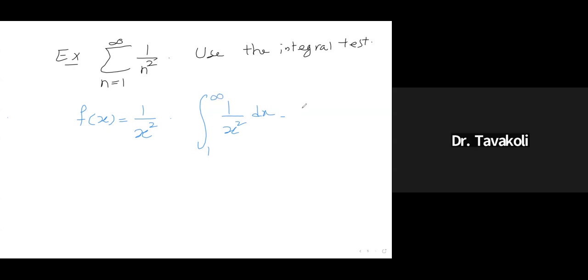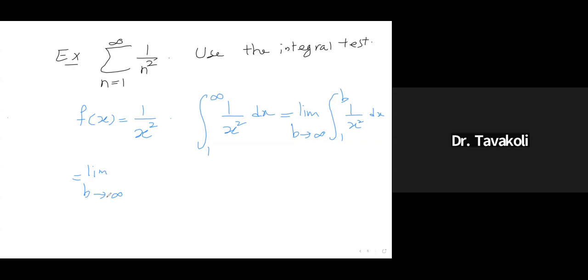So that's the integral that we do. We have done this integral before in the discussion of improper integrals, but let me repeat this here. Let's see if this improper integral is a finite number, which means convergent, or it is not a finite number, so that will be divergent.